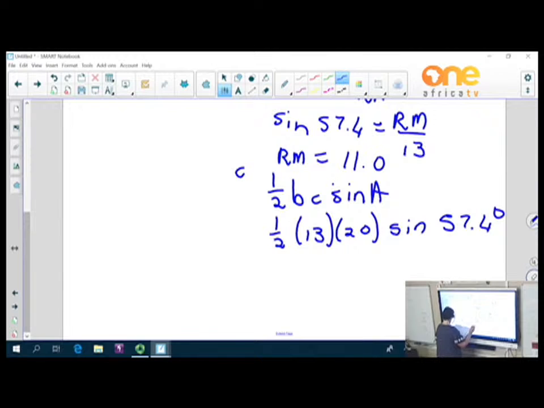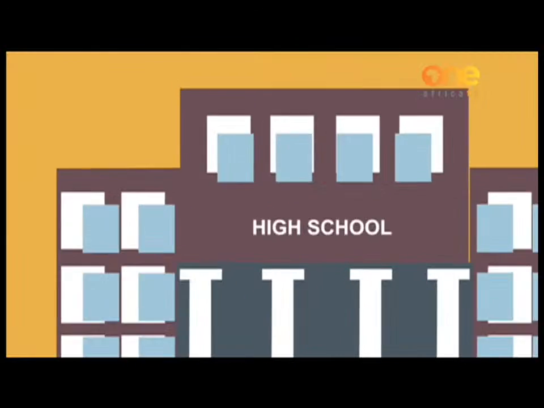Calculating there, my area is 110, if I round it off, square kilometers. Right, thank you, grade 11s. This is then a nice mixed exercise that we looked at now.